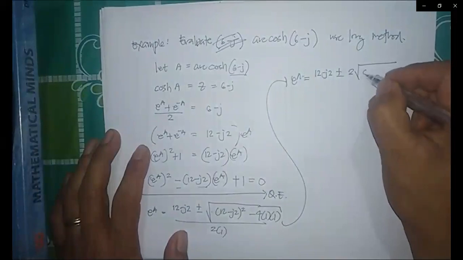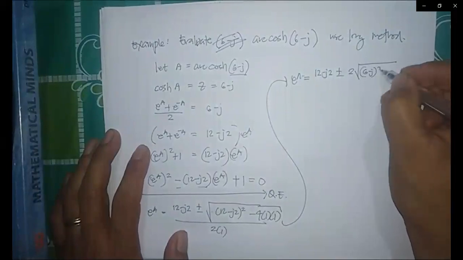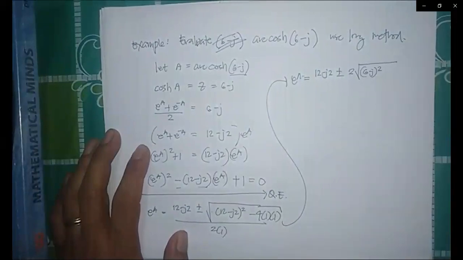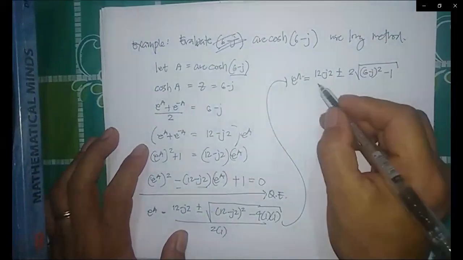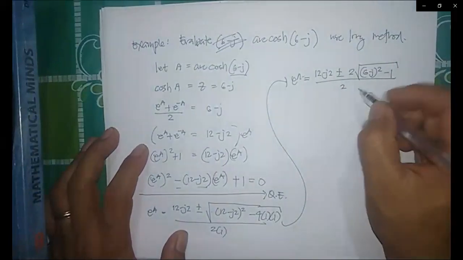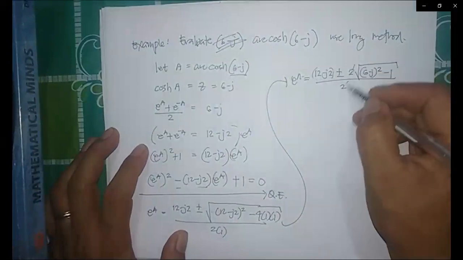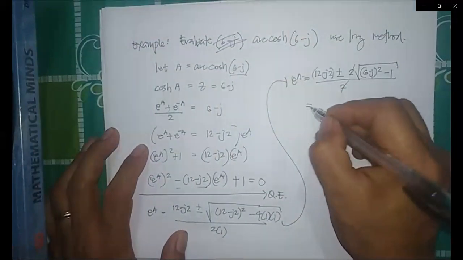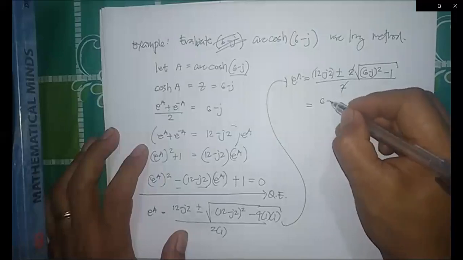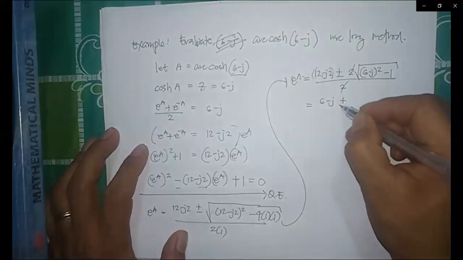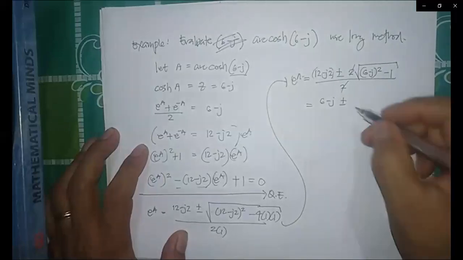Now, if you are going to simplify it further, this will become 1 since 4 was factored out a while ago. Now, if we are going to divide the numerator by 2, this will become 6 minus j, plus or minus square root of.